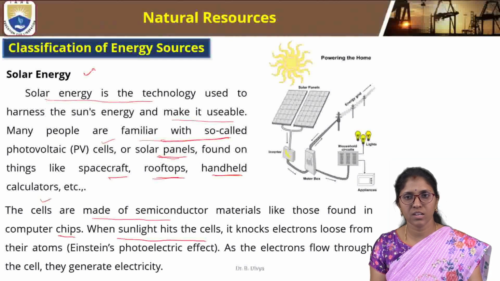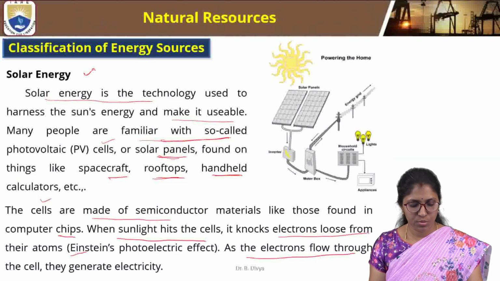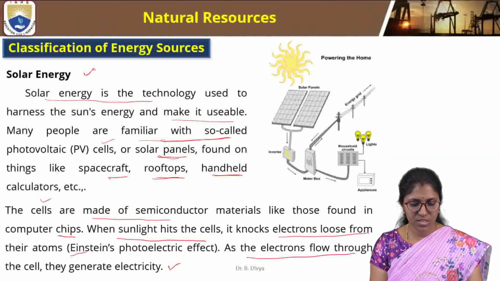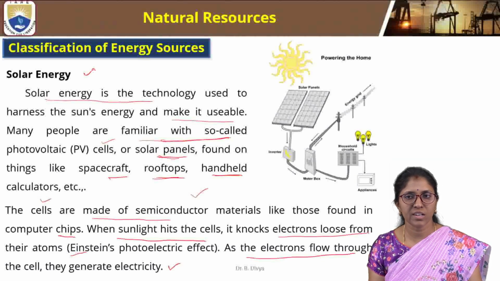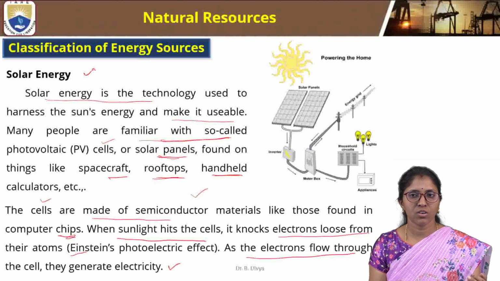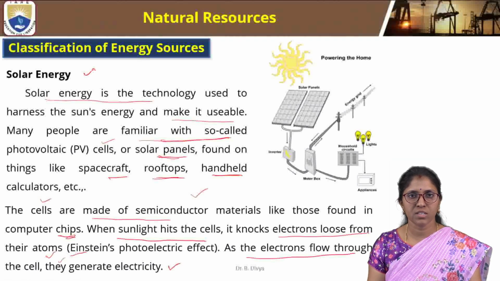When sunlight hits the cells, it knocks electrons loose from their atoms, and as the electrons flow through the cell, electricity is produced. So this is about solar energy.